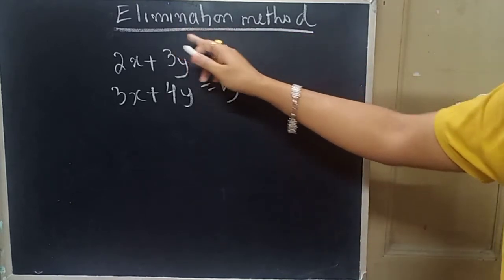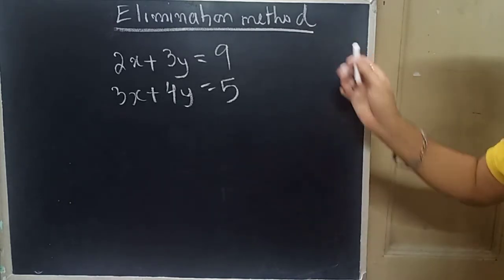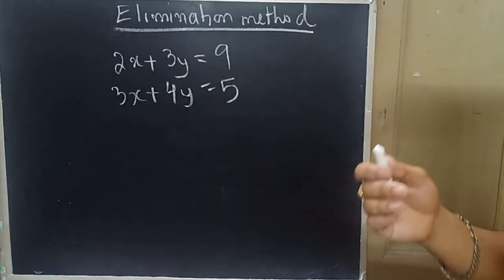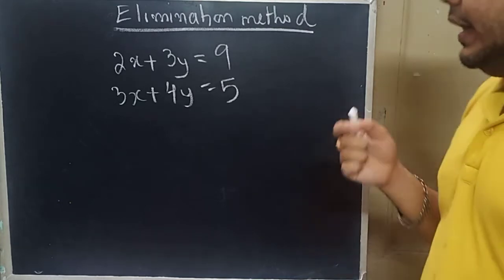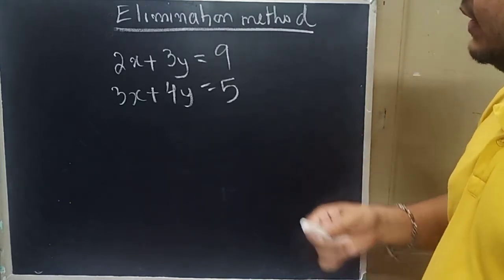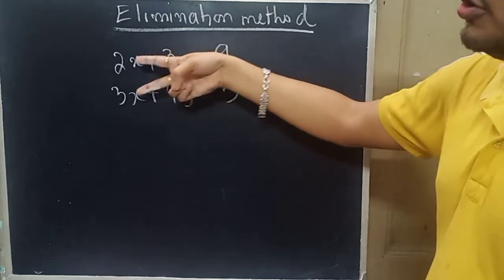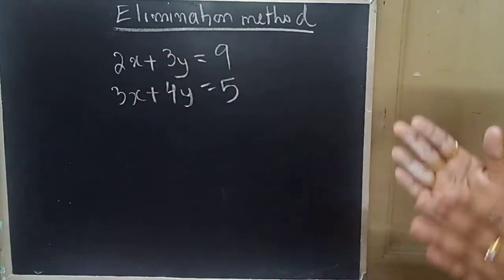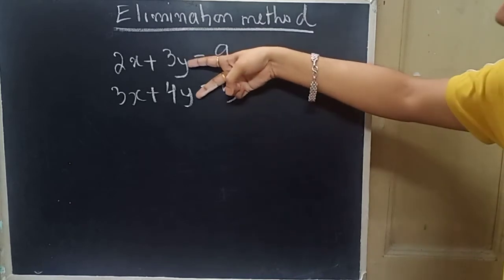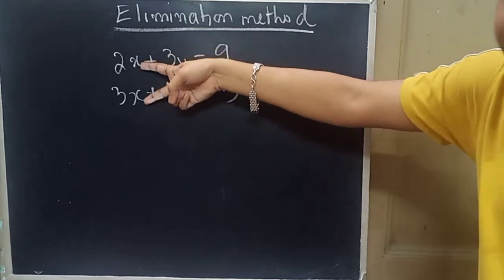Now we are going to solve these two set of equation by elimination method. So what we are going to do in elimination method? In elimination method, we are going to take the LCM of either both the values of y or both the values of x. We have to make both the values equal. We will make either both the y equal or both the x equal.